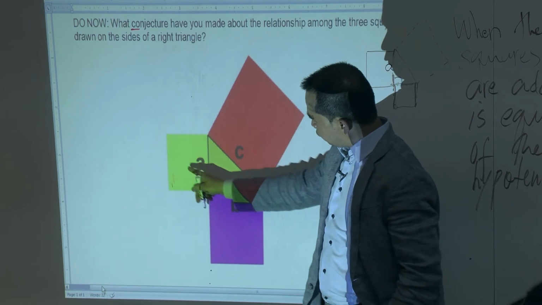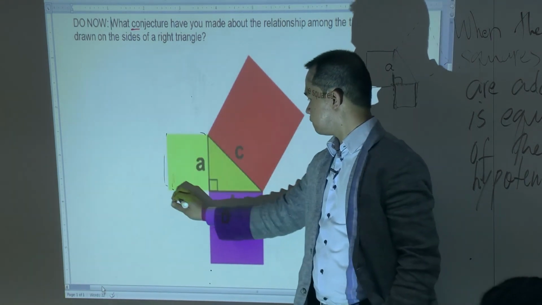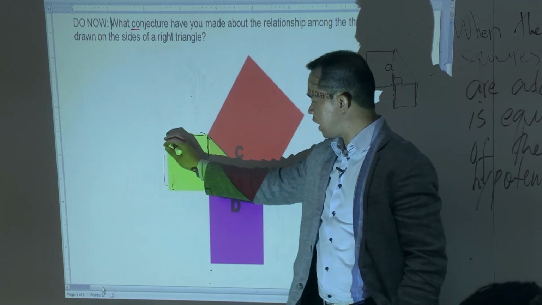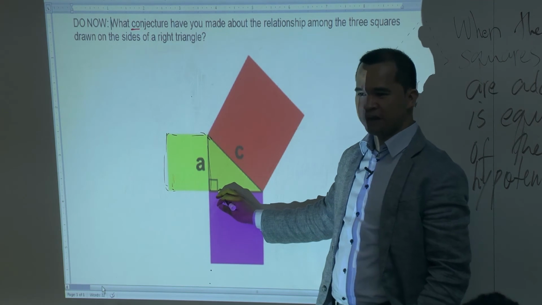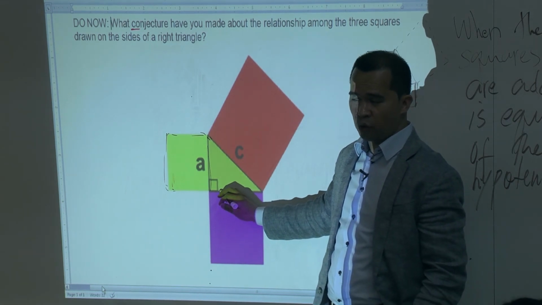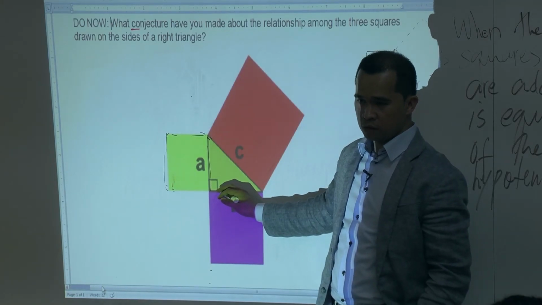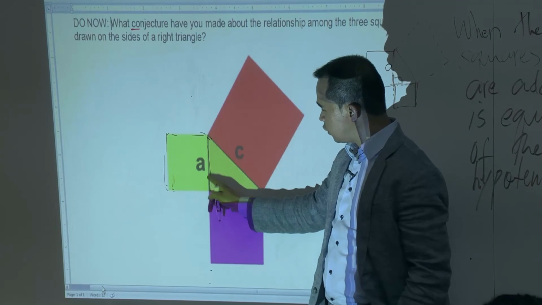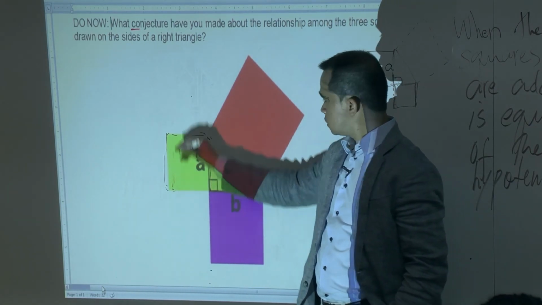Then, what is the area of this square, by the way? If the side is A, what is the area of this square? Hold on. How do you find the area of a square? Base times side. And what do you know about the sides of a square? So if this is A, this must also be A, right? And what is the area therefore?